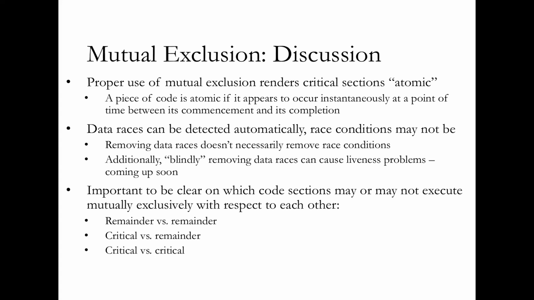One thing to keep in mind about the previous examples is that data races can be detected automatically. For data races, I can just run some tool, and it will say, okay, these two threads wrote this shared variable simultaneously without any protection, and that looks wrong.